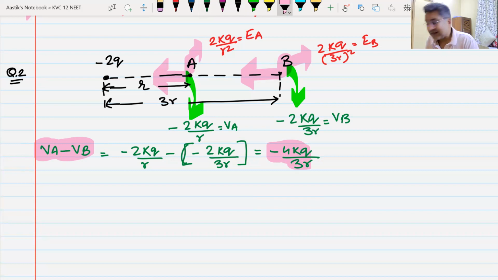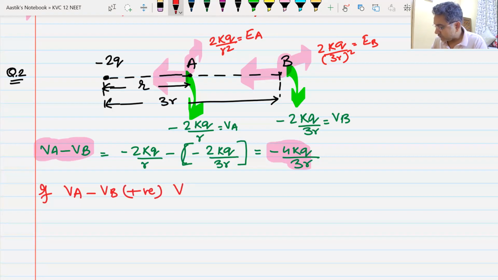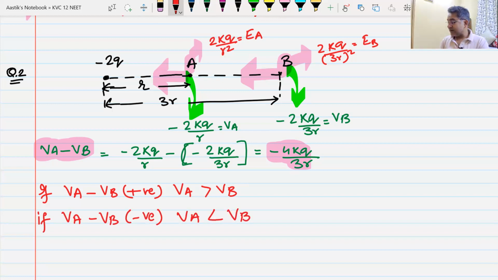If VA minus VB is positive, that means VA is greater than VB. If VA minus VB is coming as negative, that means VA is smaller than VB. So which point is at a higher potential here? B is at a higher potential. Do we understand this? Yes, sir.